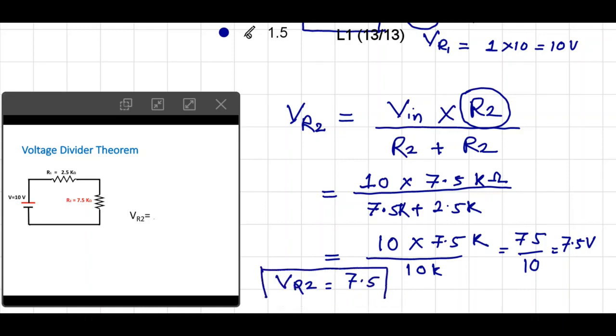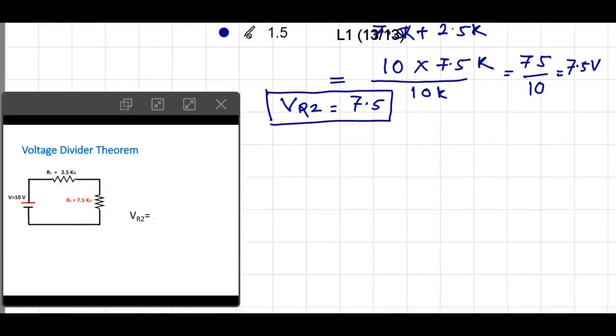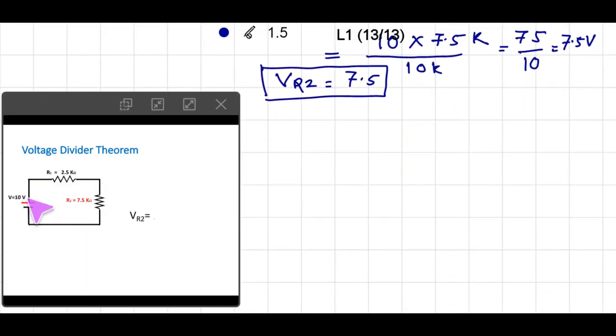So from this formula it is clear that in order to find out the voltage across any resistance, we don't need to calculate the current. If we don't use this, we need to find out the current. In this case, if you want to find the current, you would have used the total resistance in the circuit, that is 10 kilo ohm, because of 7.5 kilo ohm plus 2.5 kilo ohm.